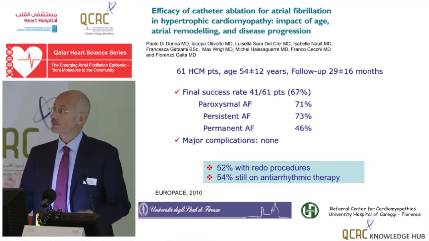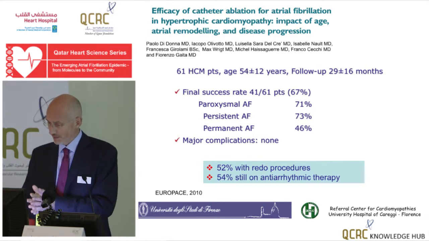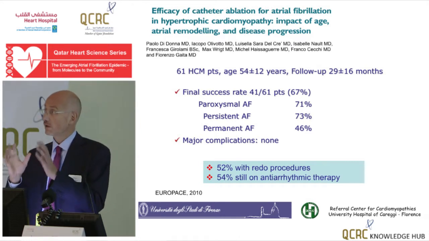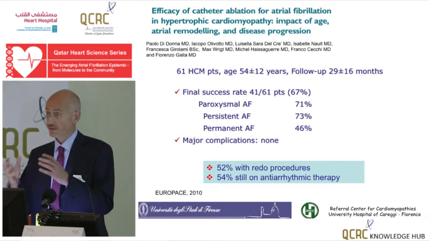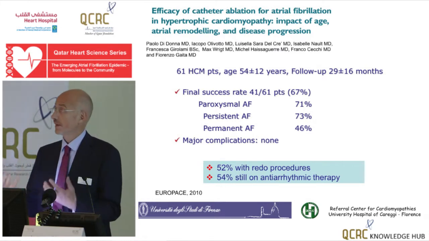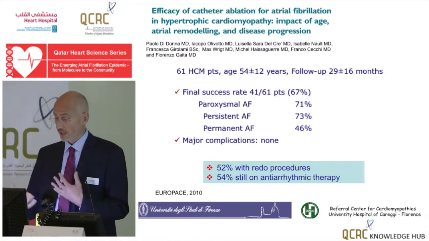So these were the worst patients, the ones in which we felt a little desperate. These were very difficult patients to ablate. The average left atrial volume in these patients was 150 cc's, so incredible remodeling, very difficult substrate, and myopathic substrate. So there was really doubts whether the procedure would work and how they would work.